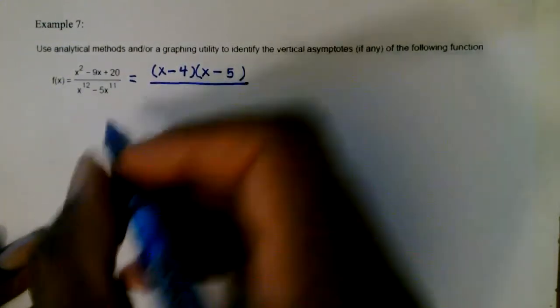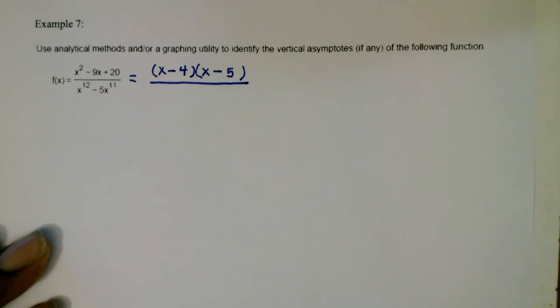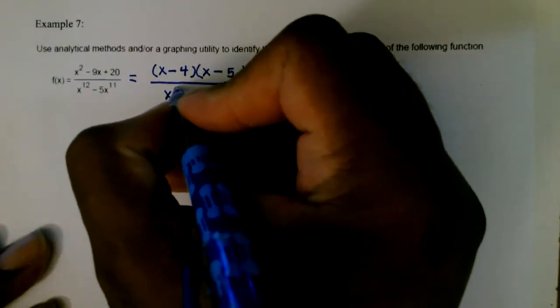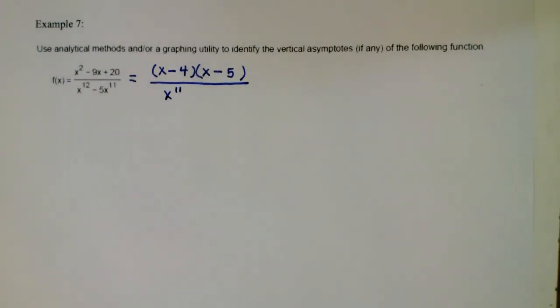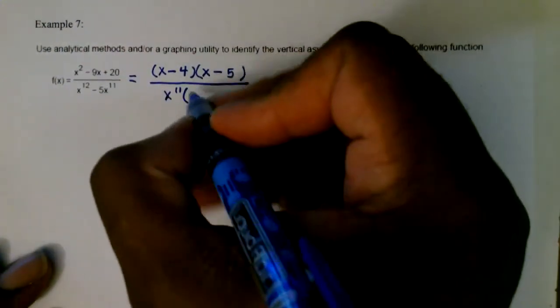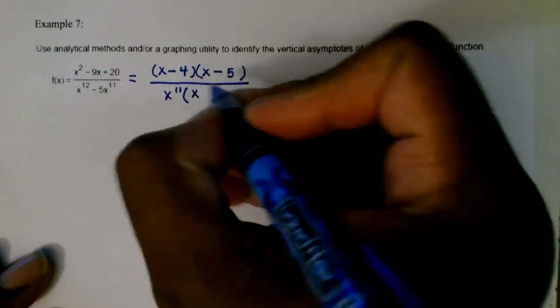That's going to be divided by, now for the x to the 12th minus 5x to the 11th, I can take out a common factor there, which is going to be x to the 11th. X is in both of them, so if you're going to factor something out, you take out the common variable with the smallest exponent. In this case, I use x to the 11th. So now x to the 12th divided by x to the 11th would just be x.